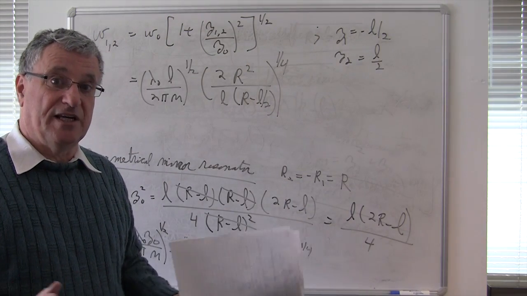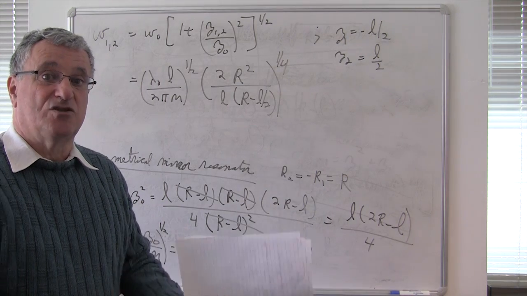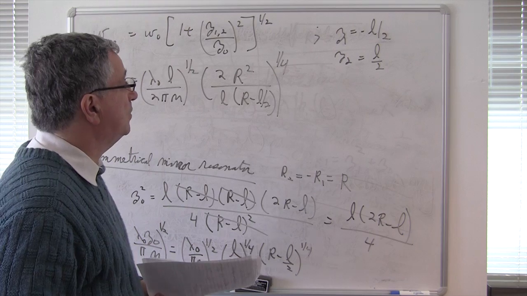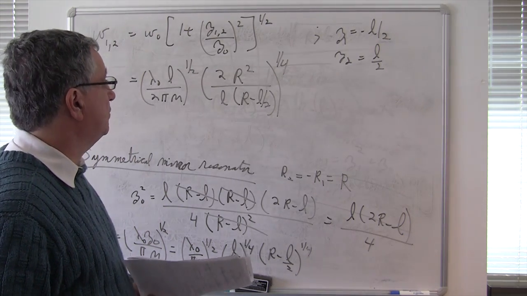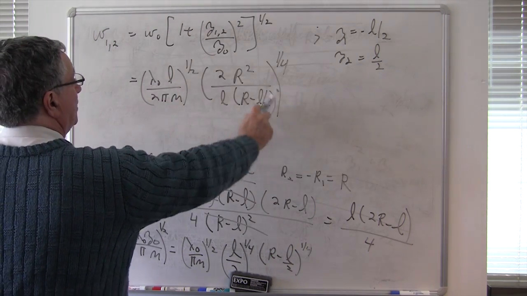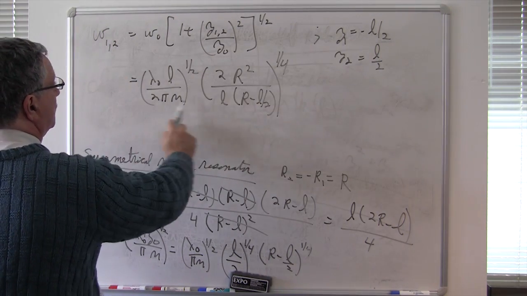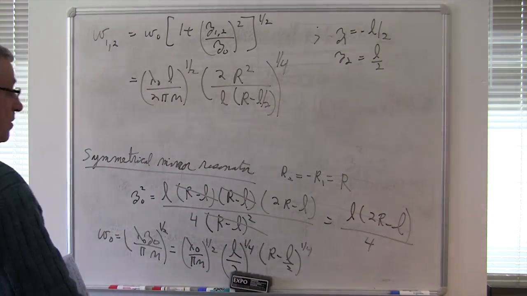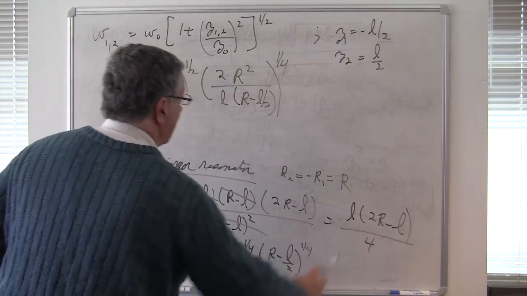For a symmetrical resonator, the beam waist has to be right in the middle of the cavity. Okay? So therefore Z1 is equal to minus L over 2, and Z2 is equal to L over 2. So if you put this in that expression, then you should be able to demonstrate that W12 is equal to this using our value of Z0 square for a symmetrical cavity.